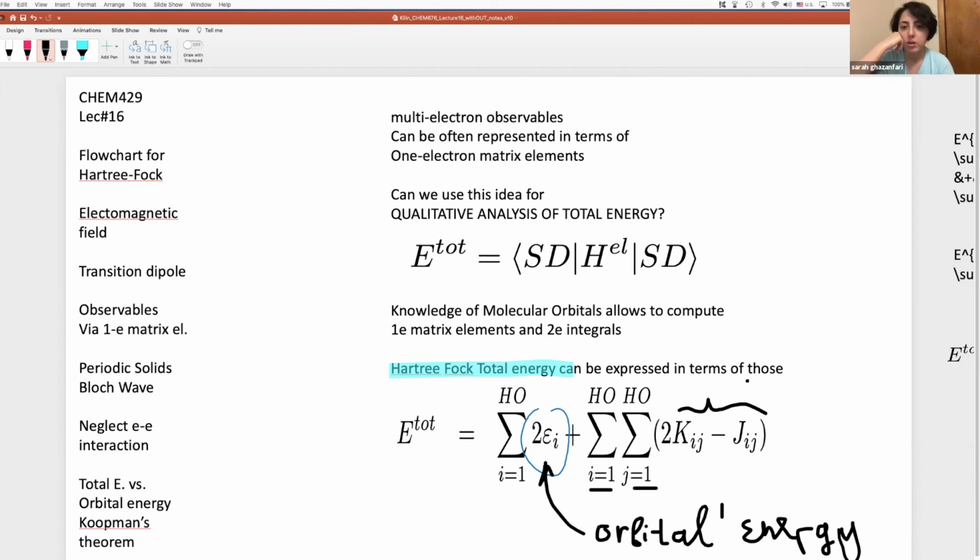Maybe they're referring to electrons. Yes, but if one electron is referred to by one index, then which objects are referred to by two indices? Just two electrons, right? And which energy corresponds to two electrons?